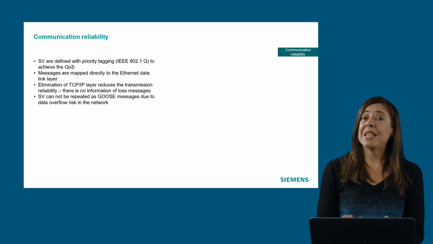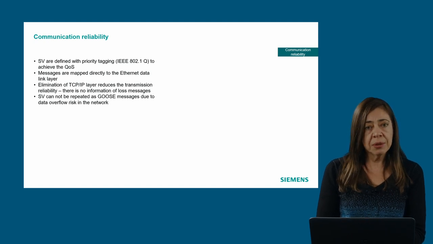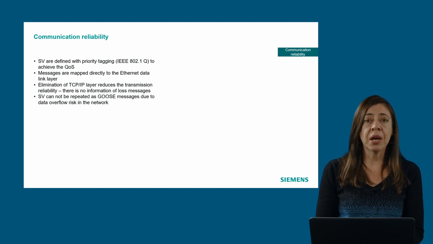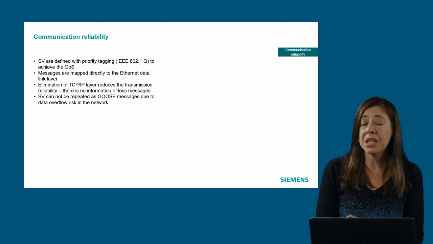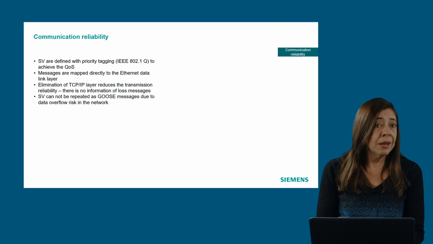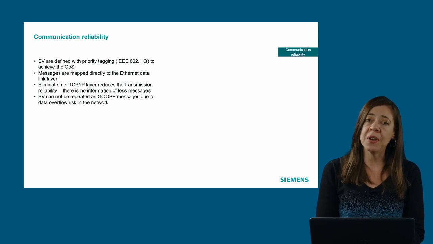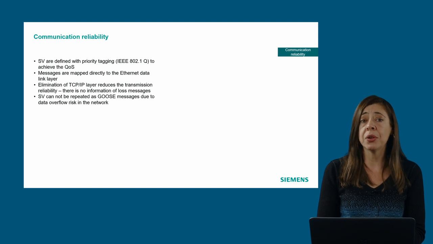So now we come to the second key point of the technology, the communication reliability. The sample measured values are defined as high priority telegrams. They are the main information required by our protection devices to be able to run the protection algorithms.